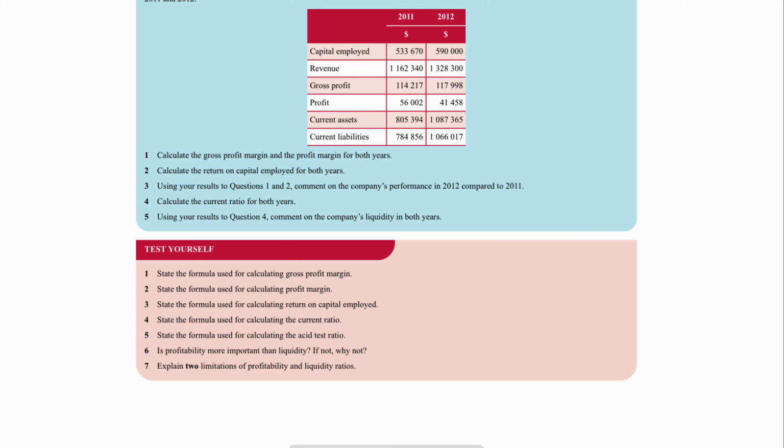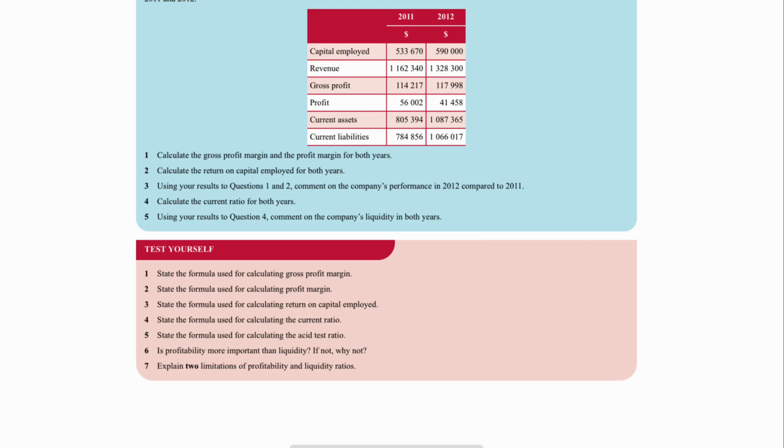Number 3, return on capital employed: profit over capital employed times 100%. Number 4, the current ratio: current assets over current liabilities. Number 5, the acid test ratio: current assets minus inventories divided by current liabilities.